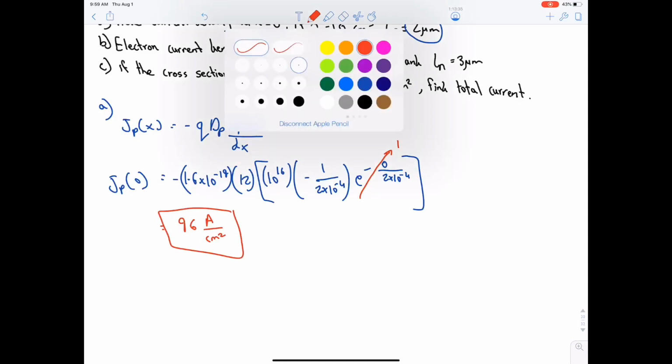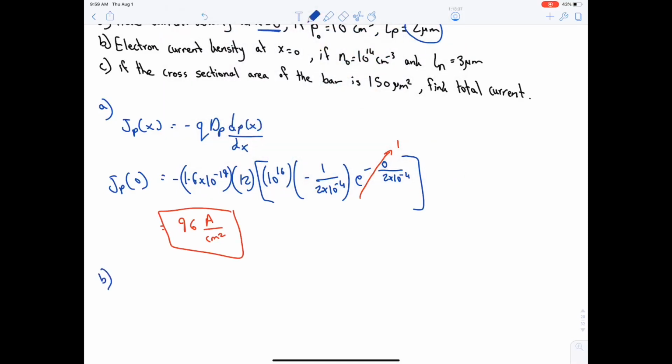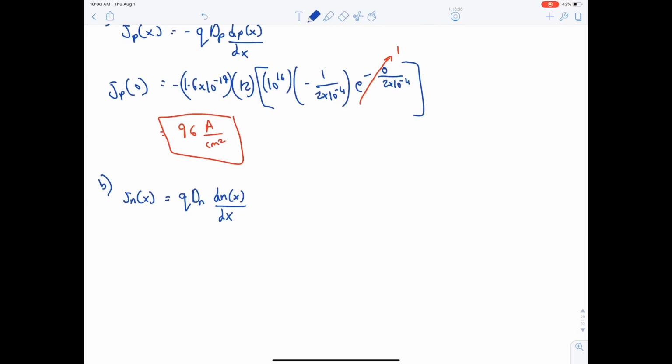That's for part A. For part B, the same thing, but for the electron current density, with different numbers. So Jn of x is equal to q Dn times the derivative of the n equation. Let's substitute the numbers. 1.6 times 10 to the minus 19.